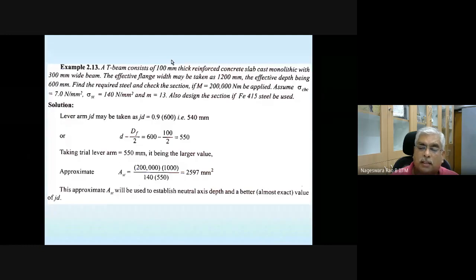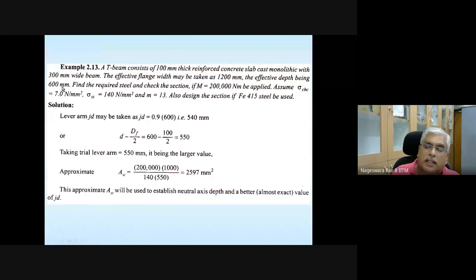And please note that for illustration purposes in this example, bf is directly given to you, but in reality you need to find it out by looking at the floor system arrangement, and then looking at the boundary conditions of the beams and other things. So the effective width of the flange is 1200 mm, and the effective depth is 600 mm.